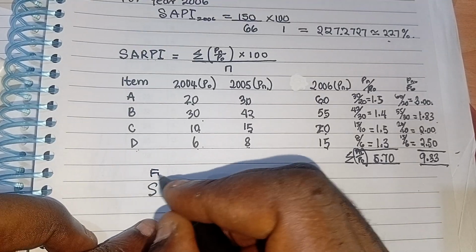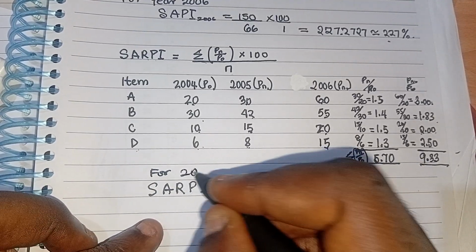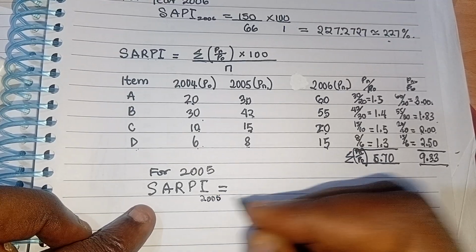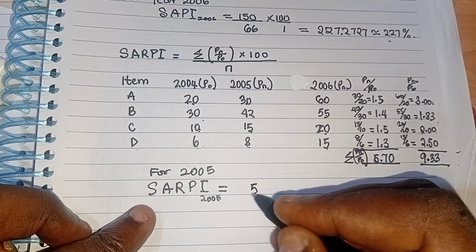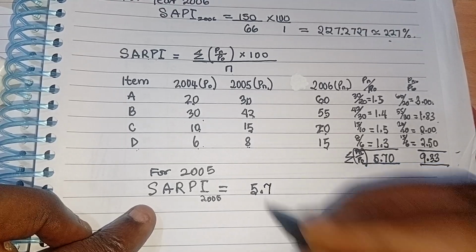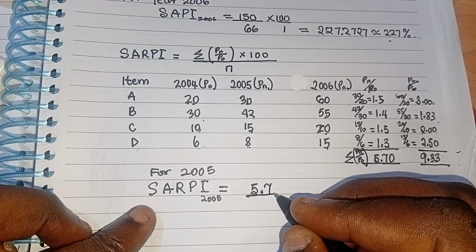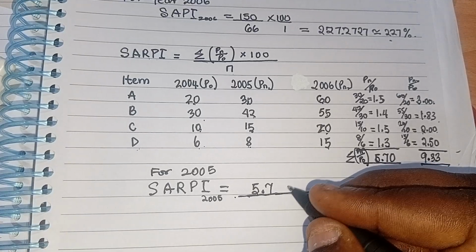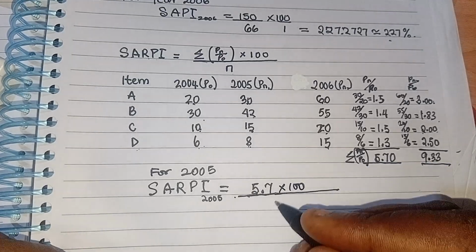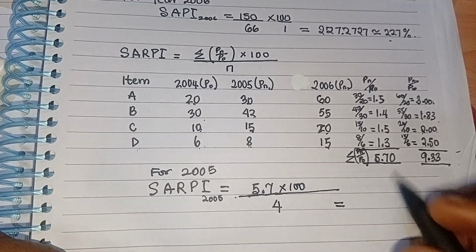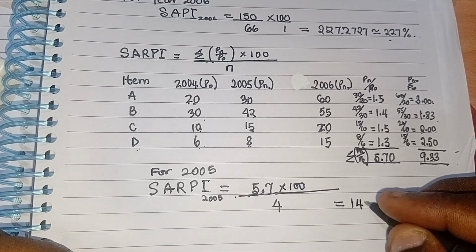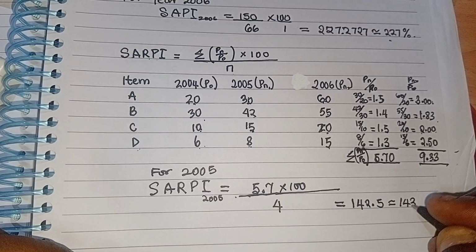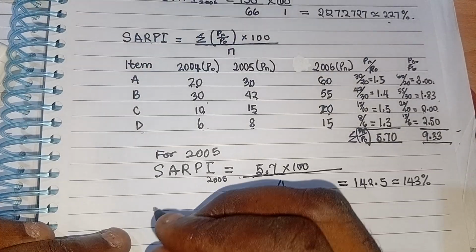So for 2005, it will be 5.7 multiplied by 100, then divided by 4, and this gives 142.5, which is 143%.